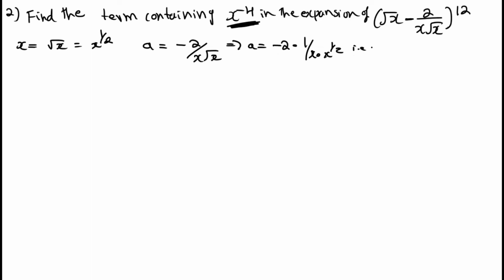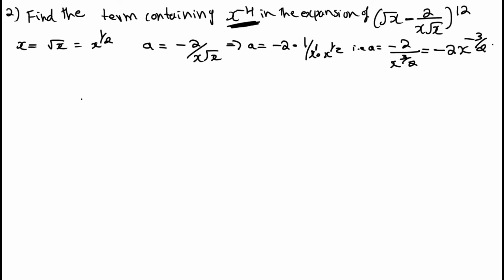That is a equal to minus 2 by x to the power 1 into x to the power 1 by 2. It's equal to x to the power 3 by 2, using the a to the power m into a to the power n formula. So this is equal to minus 2 into, taking 1 by x to the power 3 by 2 to the numerator, you will get x to the power minus 3 by 2. If you simplify here only, then it's easy to substitute. Otherwise, after substituting in the formula, you need to simplify.